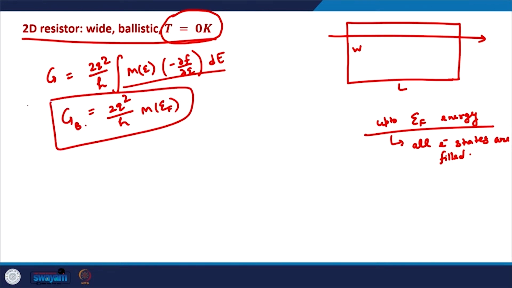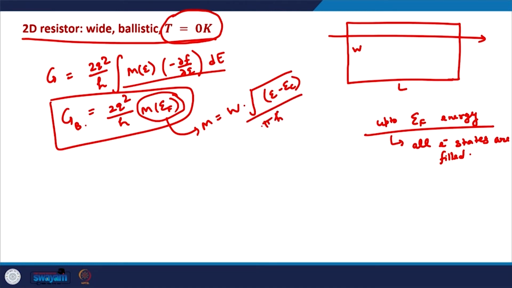Now, this term M(EF), we can put in the form from our derivation, which is essentially W times square root of 2m star (E minus EC) divided by pi h bar.